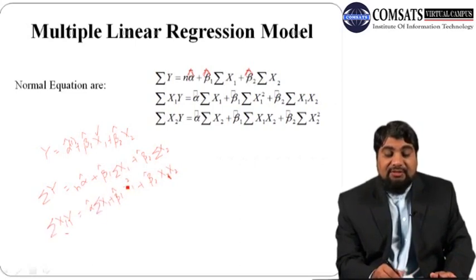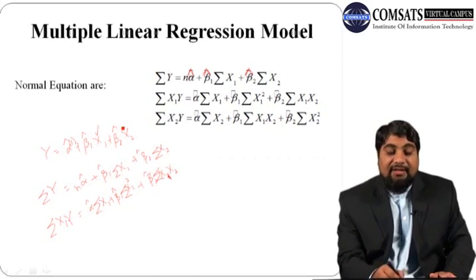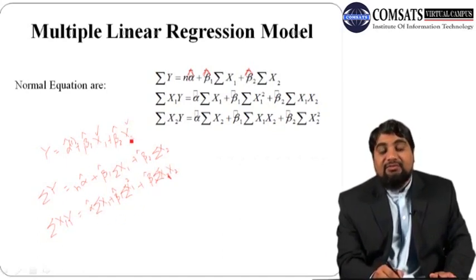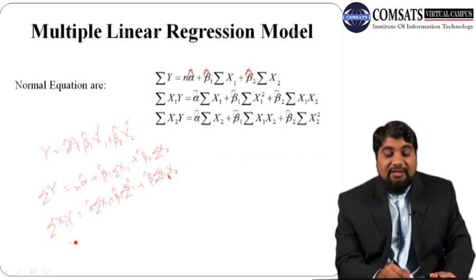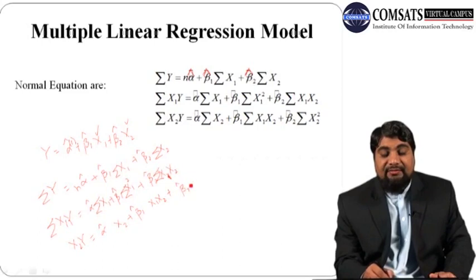So summation x1 square, summation x1 x2, and lastly multiply this full equation by x2. So we get x2y, so alpha hat x2 plus beta 1 hat x1 x2 plus beta 2 hat x2 square. Now apply summation as well.